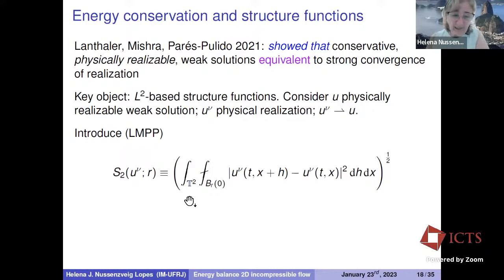So it's the integral over the torus, at a given time, of the average in a small ball of the discrepancy, u nu at position x plus h minus u nu at position x, squared, dh dx, to the 1/2.